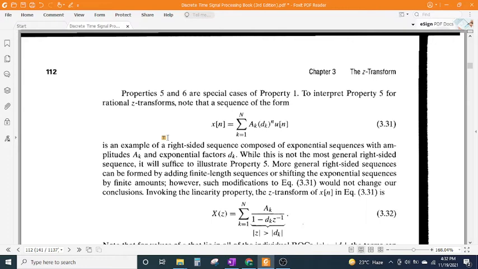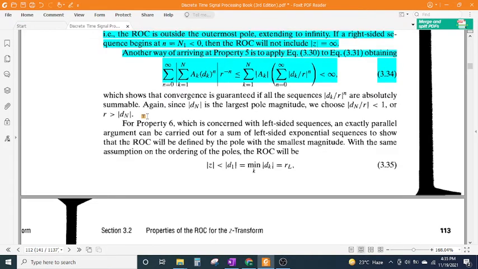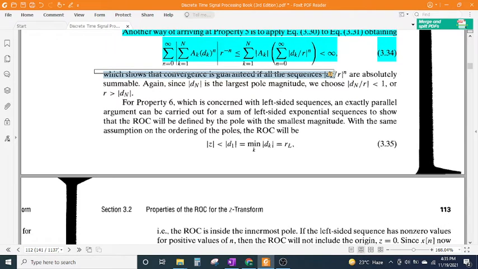Another way of arriving at Property 5 is to apply Equation 3.30 to Equation 3.31, obtaining the sum over n of |A_k| |d_k / r|^n < infinity, Equation 3.34, which shows that convergence is guaranteed if all the sequences |d_k / r|^n are absolutely summable.